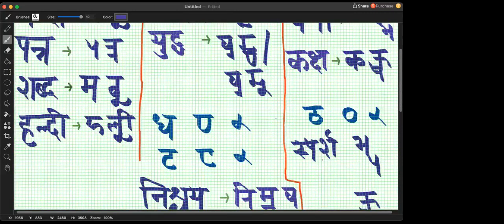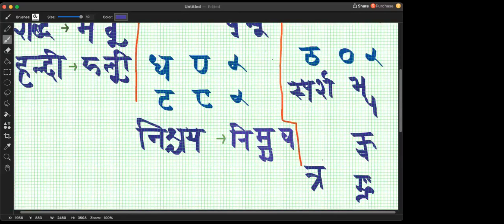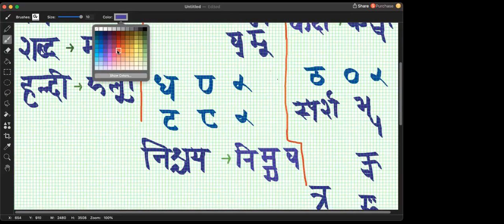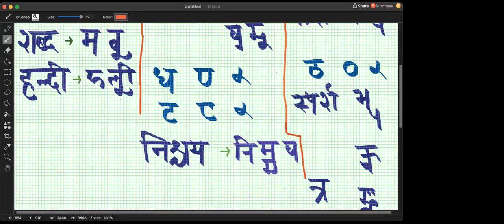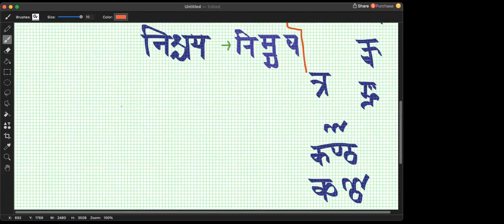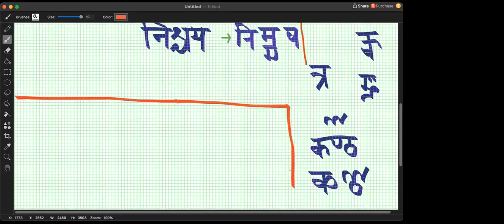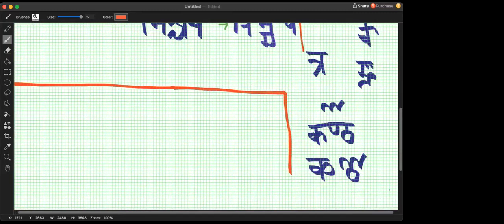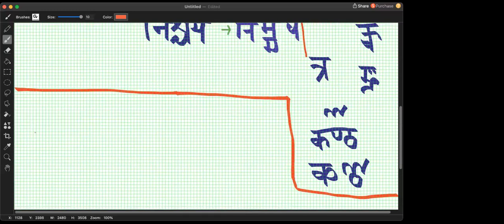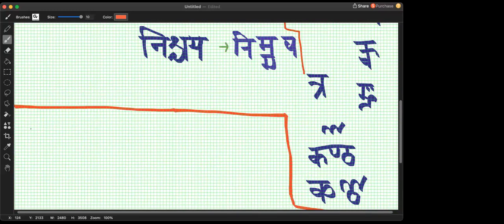When you're writing a conjunct of r, how is it going to be? So these are the rules for category A, B, and C. Now, suppose you want to write the conjunct r at the bottom.